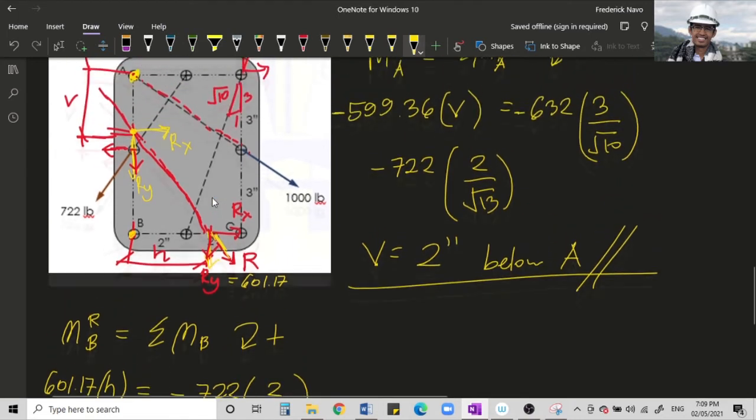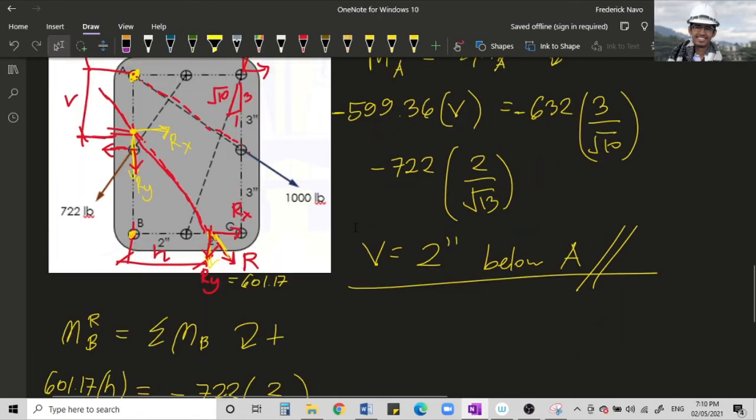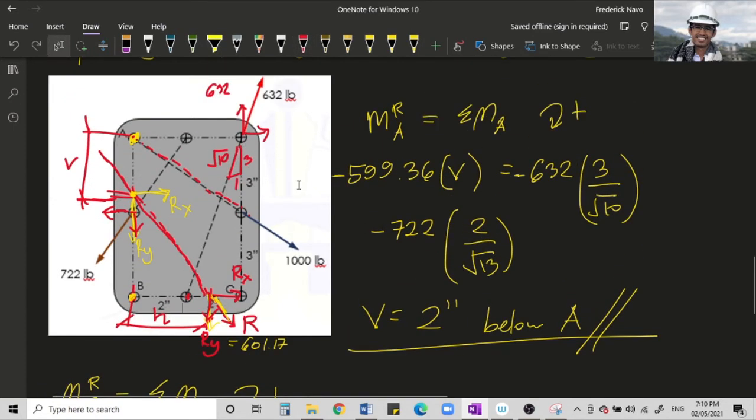Then next will be yung 632 pounds. So, dito yung intersection niya. Pag dito natin kukunin, okay? So, magkakaroon tayo ng X and Y component. So, kung mapapansin niyo, ang mag-rotate lang doon sa 632 pounds is yung kanyang Y component. Okay? So, pag nandito yung component niya, dito.